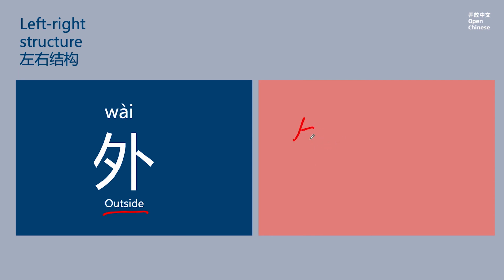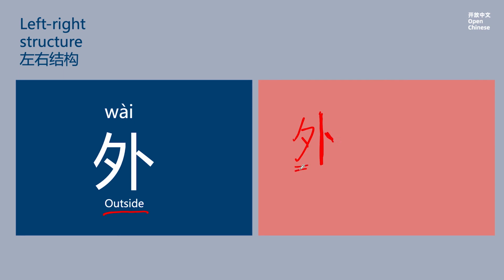It has 夕 on the left. So this is a left and right structure character. We have 夕 on the left side. If you can recall the first lesson for all beginners, 夕 means sunset, meaning the sunset time of the day, right? And we have a door, right? This is the gate. This is the piece of wood that's blocking the outsiders, and you have someone knocking at the door, right?